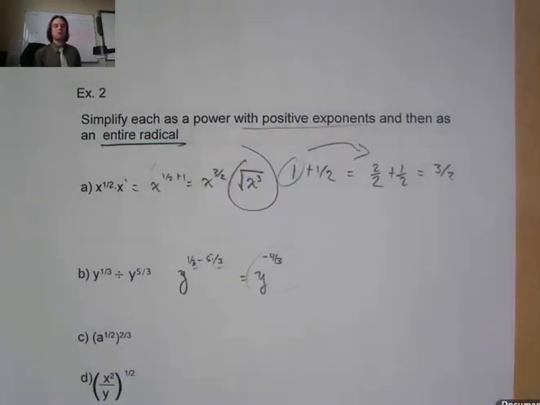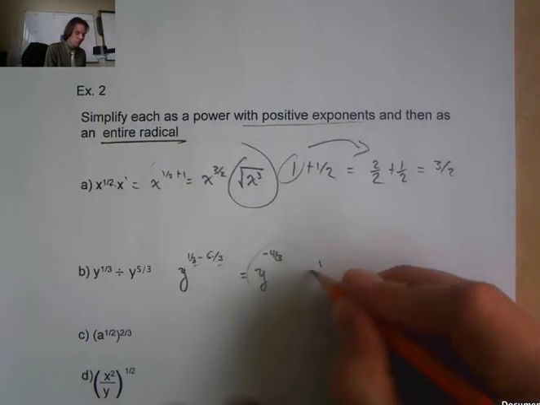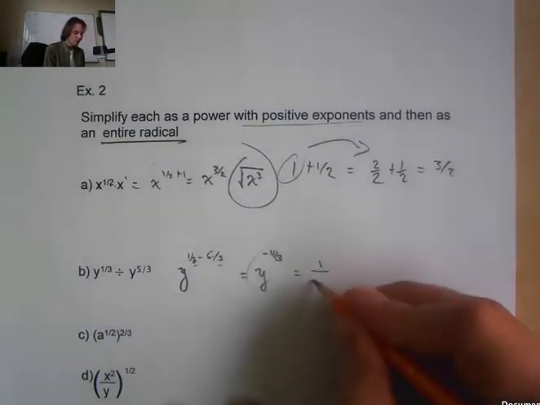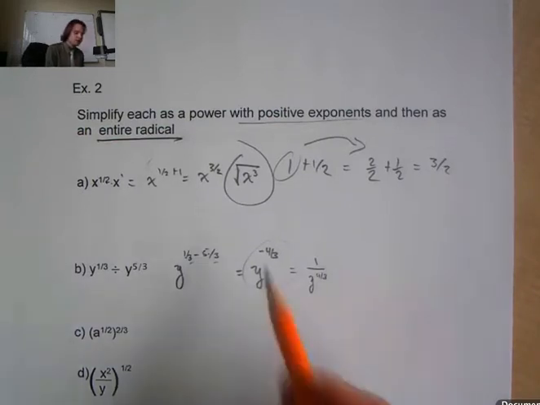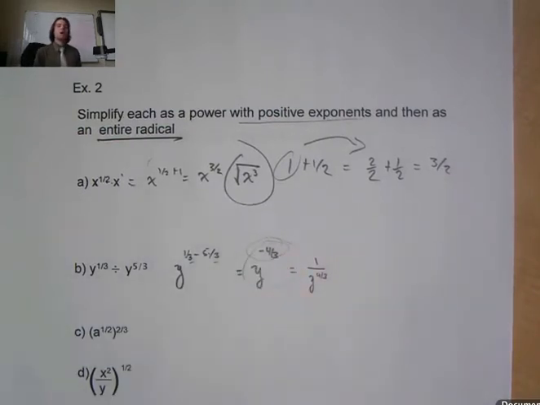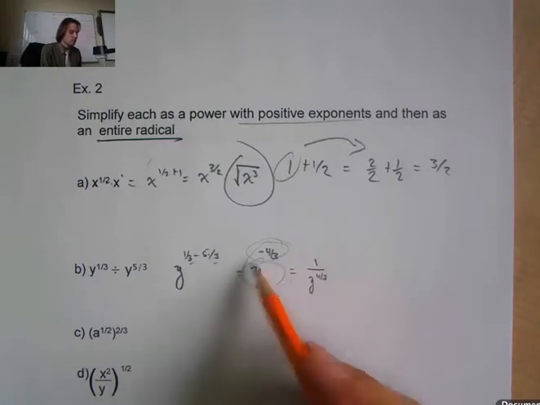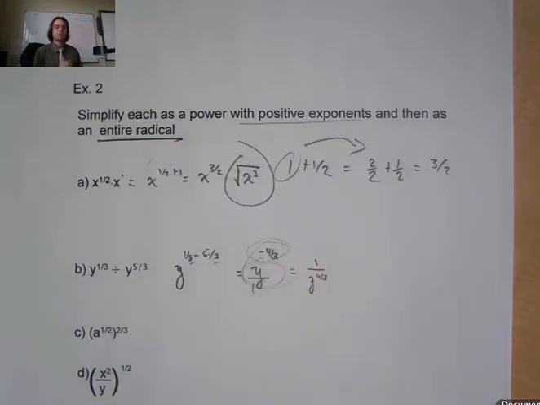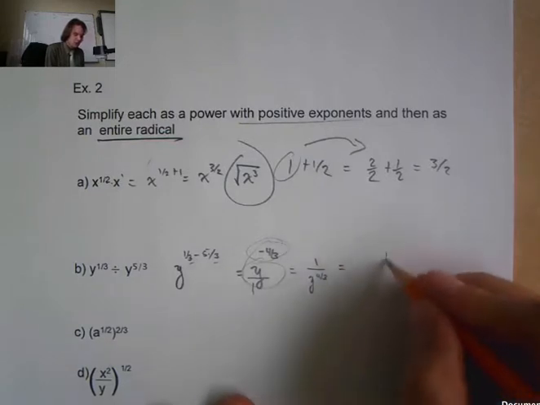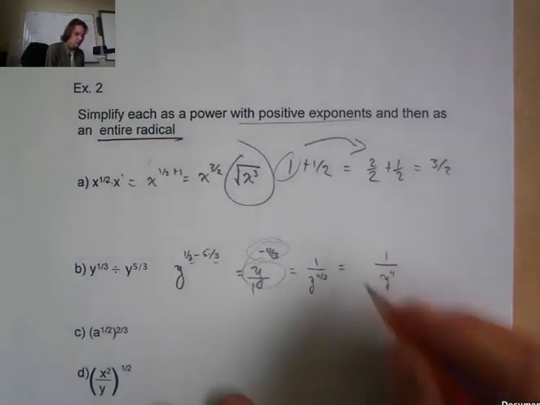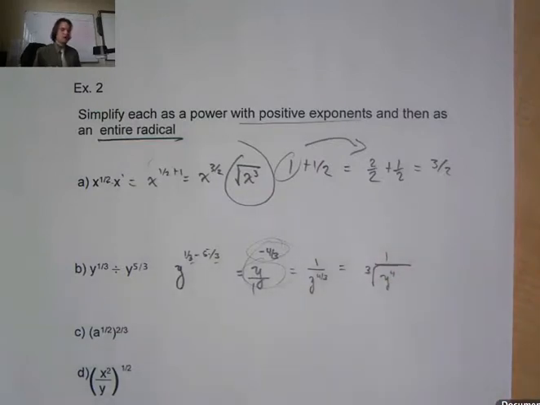So if we want positive exponents, what we must do now is flip it. So we're going to have 1 over y to the 4 over 3. Now when we flip it, the key thing is we're not going to flip our exponents. We only flip my base, never the exponents, just the base. So we continue this. I know I have 1 over y to the power of 4, and then we want the 3rd root of that. And that's it. Just like that.